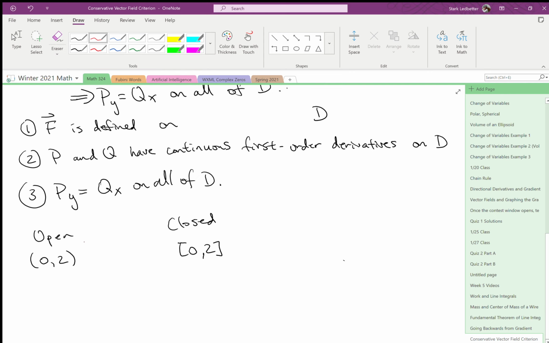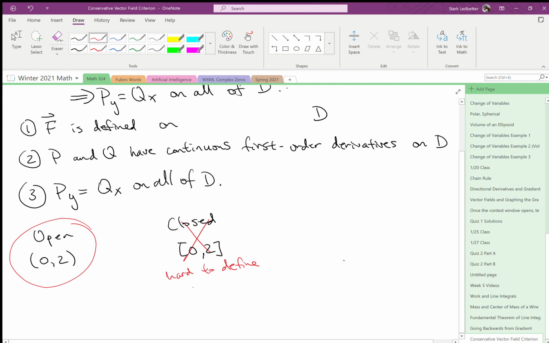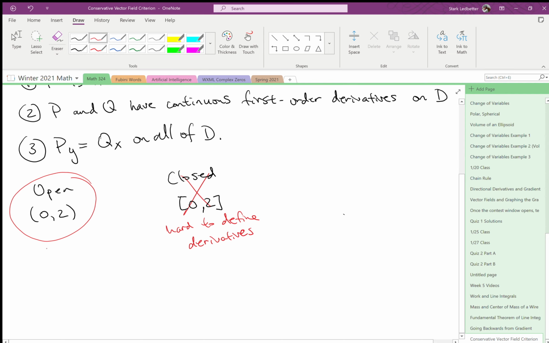For derivatives, the open one is a lot better. This one is hard to define derivatives on. You've done it in very early first variable calculus. We had one-sided derivatives, so you could define the derivative in the whole interval and then one-sided derivatives at 0 and 2. That's not great for general properties about derivatives, because then you need to treat those points as special cases. So this guy is way better.